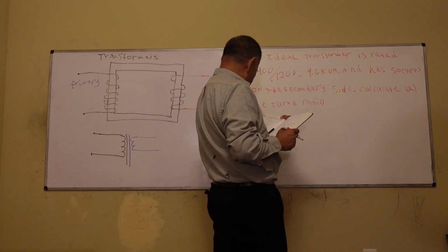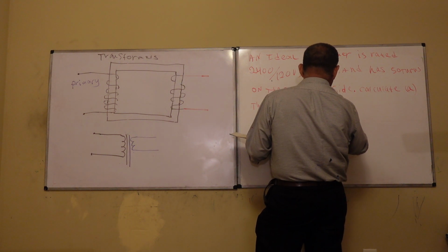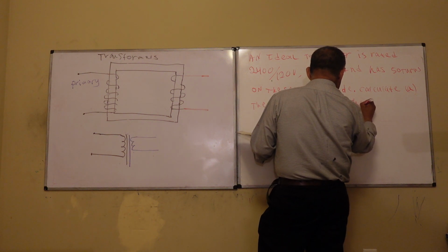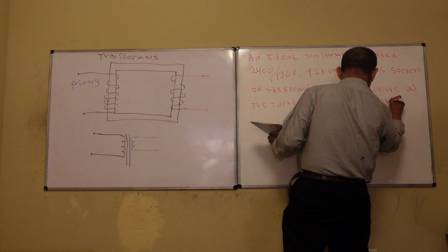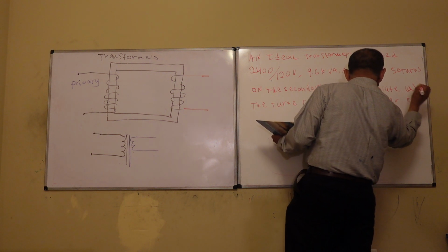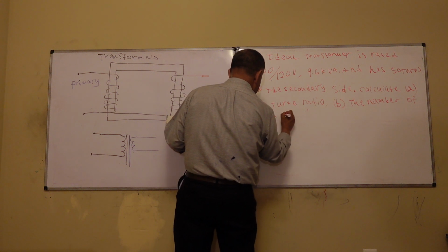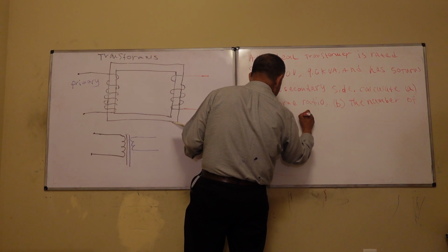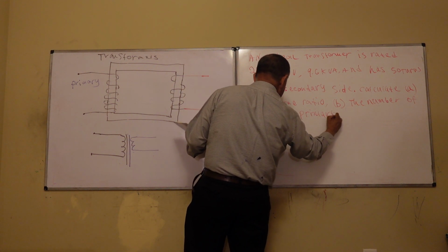And B, the number of turns in the primary, right?